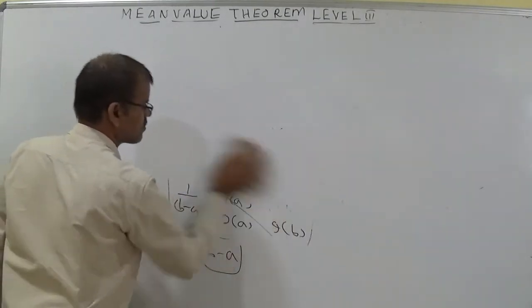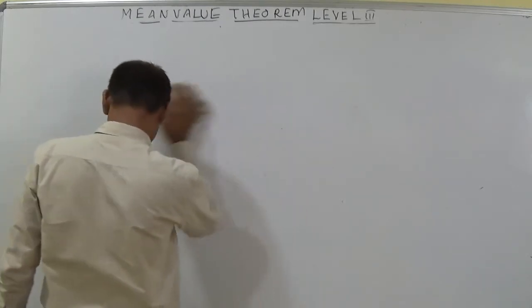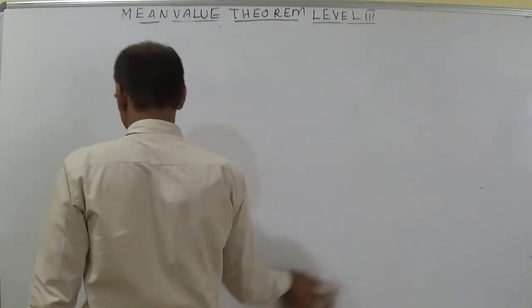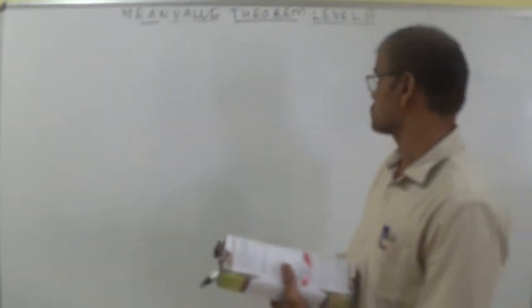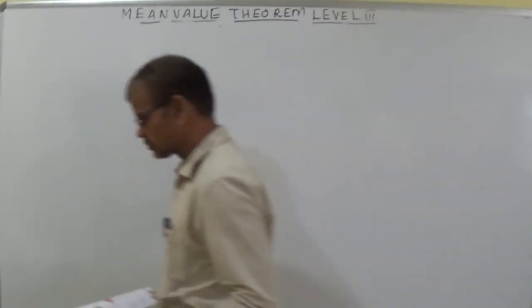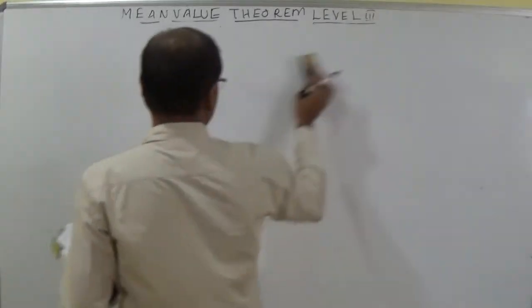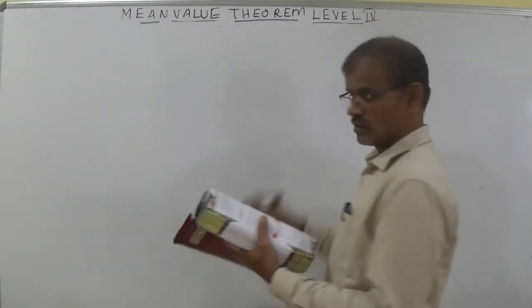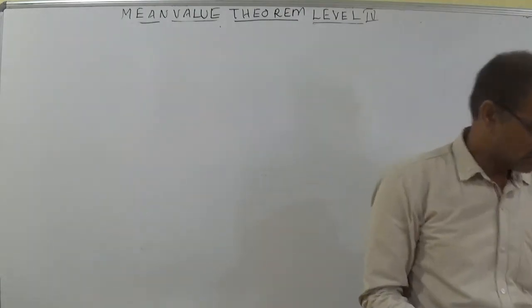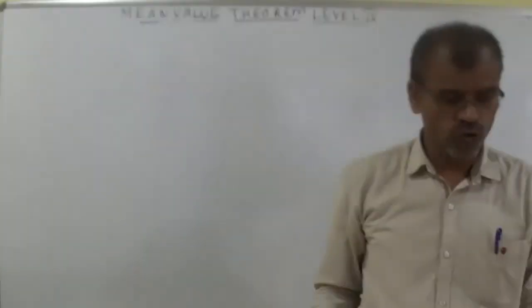Each and every sum in mean value theorem, every topic is being covered, so every student has to feel the respective responsibility and every student has to write notes. Level 3 completed. Let us discuss level 4.